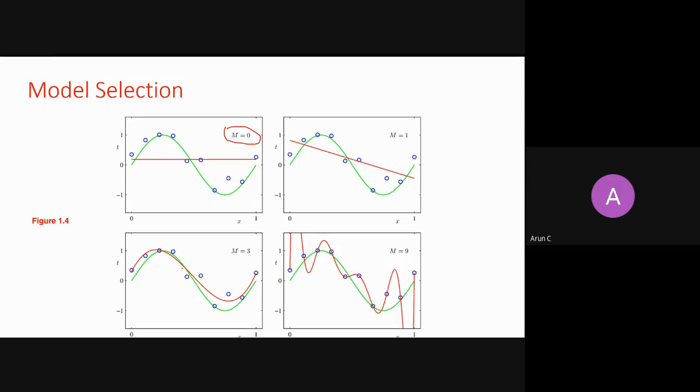So when you accidentally choose degree 3, you find that, because for learning purposes these examples are given, if you take m equals 3, it is very near to your true function, which is sinusoidal. And if you go to m equals 9, it is a very zigzag function, which does not at all seem to be the true function, right?